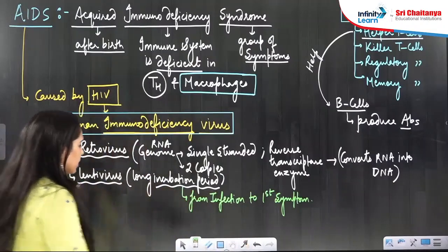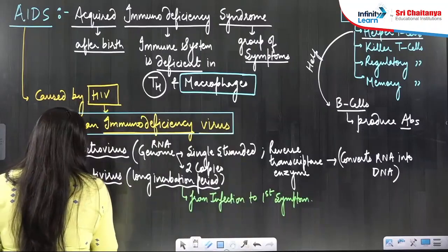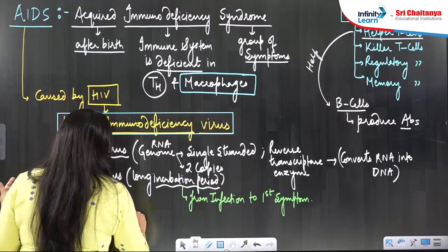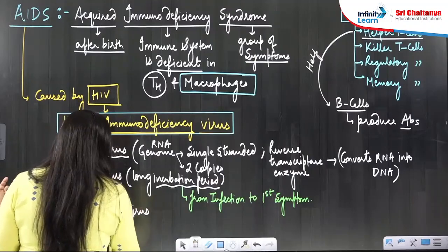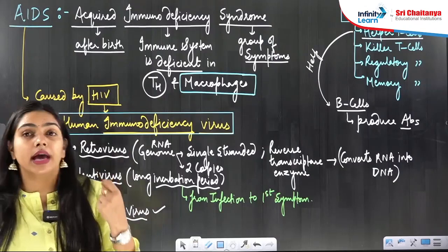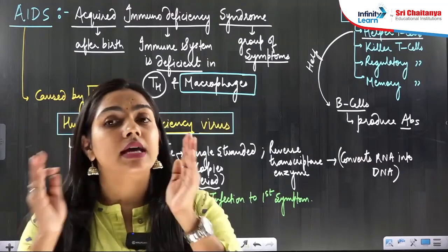Now one more thing about this virus: it is an enveloped virus. Enveloped virus means it has an envelope. I will show you in the structure. If somebody asks whether HIV is an enveloped virus or not, yes, it is.